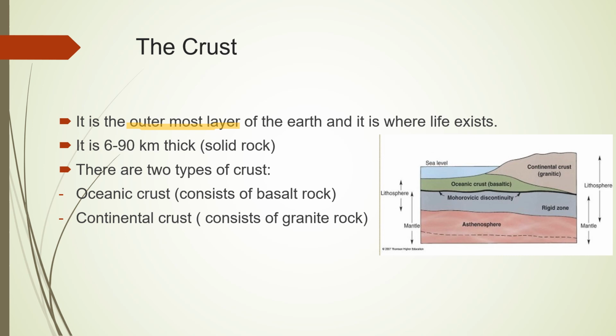So again, there are two types of crust. This crust is unique because it has two types. The first one is oceanic crust, which consists of basalt rock.